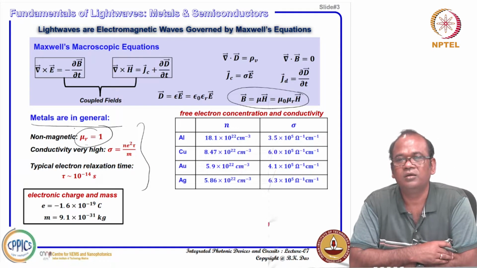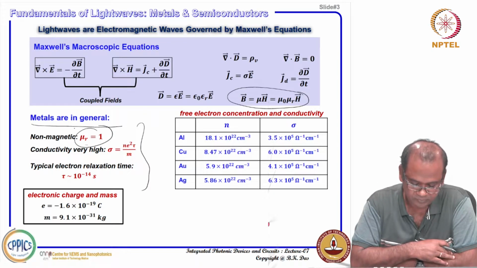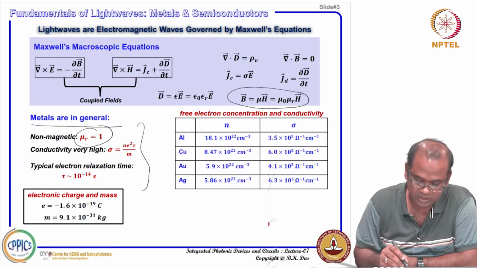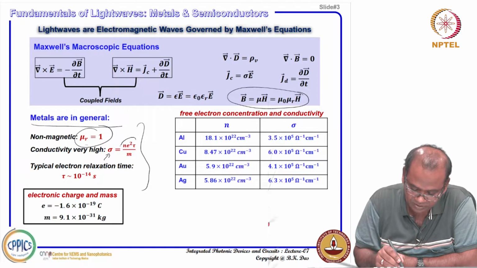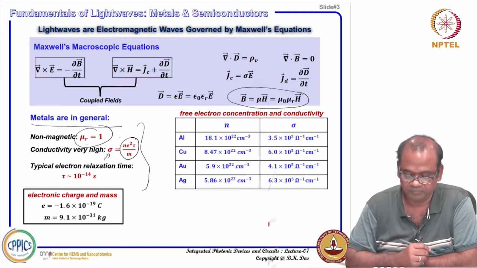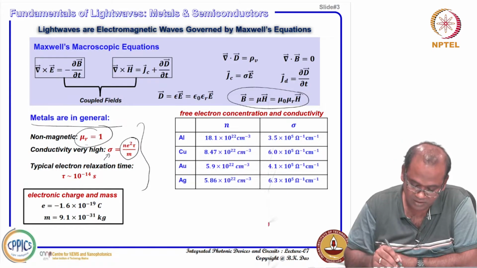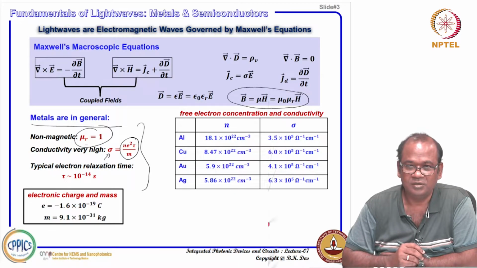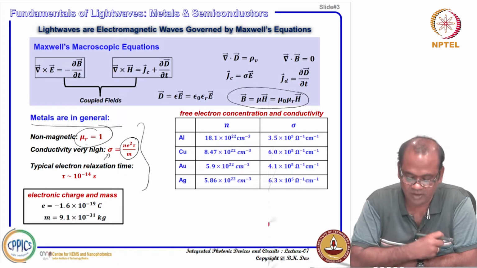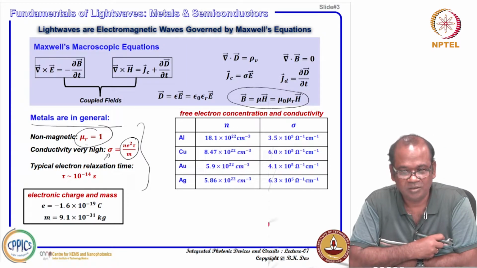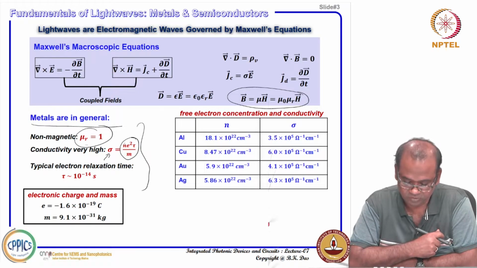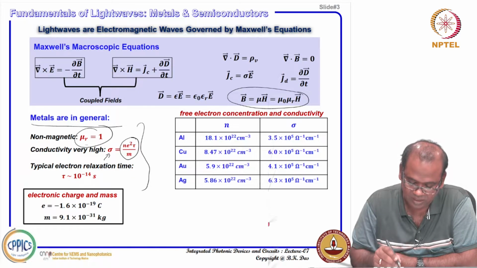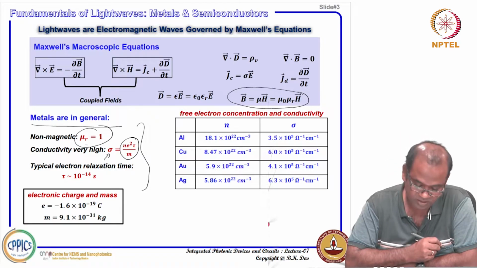You can use that directly. And the conductivity, which I consider to be very high, you can have an expression for. What is that? N is the density of free electrons, e is the electronic charge, and tau is a very important thing.